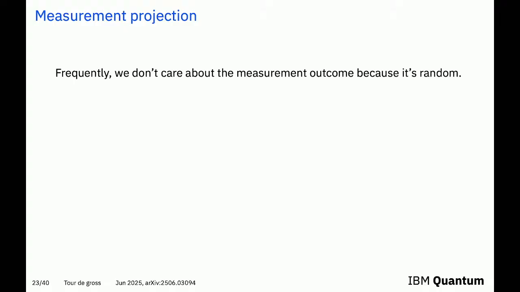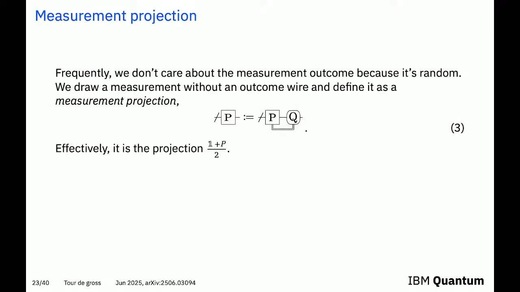And very frequently we actually don't care about the measurement outcome because we measure in a state that is either stabilized or has some anti-commuting stabilizer. So when we have a state like that, we can actually ignore the measurement result. So if we don't write a measurement result, what that actually means is we're doing a projection onto the +1 eigenspace of this P Pauli string.